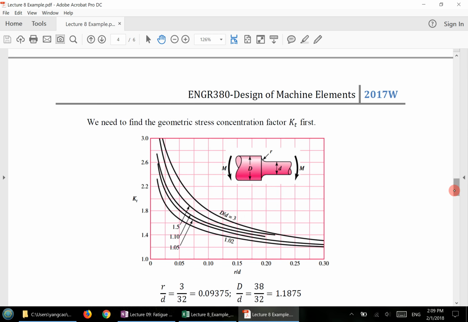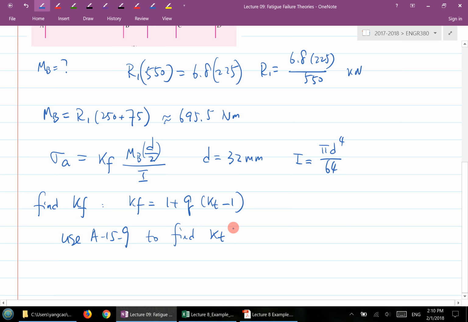So this is the loading condition here. You can use the table, use the appropriate dimensions given by the shaft, and then find the Kt value. You look at the table and find that it's approximately 1.65, from this figure.